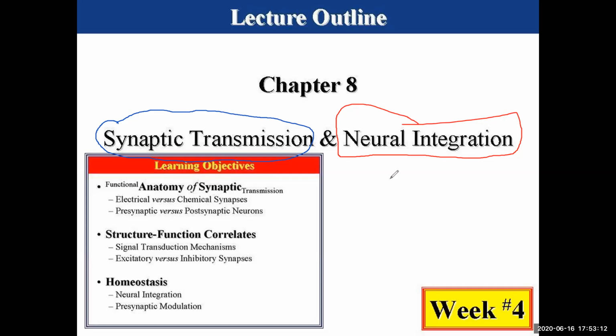Sensory information arrives at the dendrites or the cell body. Integration occurs at the axon hillock. And the motor decision is the action potential propagating down the axon, and then the release of the neurotransmitter. So every time a neuron releases its neurotransmitter, that's a motor decision.